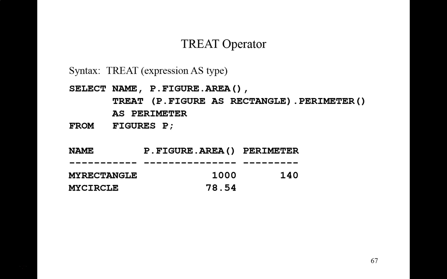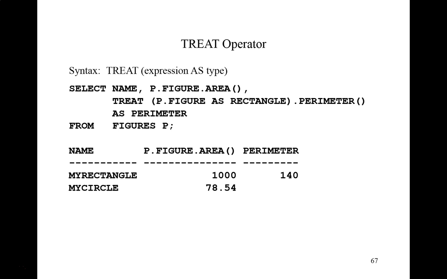The treat function does a runtime check to confirm that an expression can be operated on as if it were of a different specified type in the hierarchy. What this means is the treat function attempts to treat a supertype instance as a subtype instance. The supertype in this case is polygon.